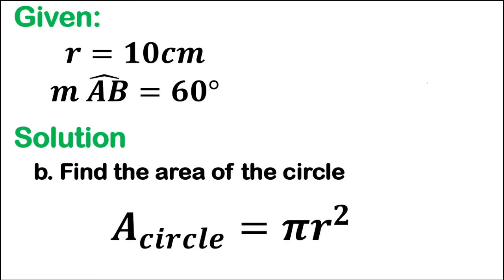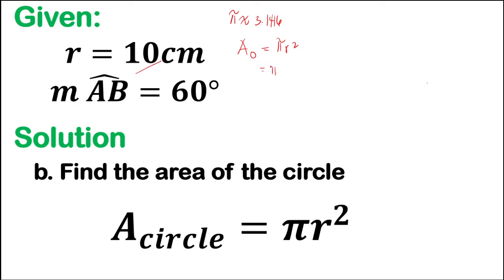Now find the area of the circle given the formula pi r squared, in which pi is approximately 3.1416. So the area of the circle is equal to pi r squared, in which r is 10 centimeters.